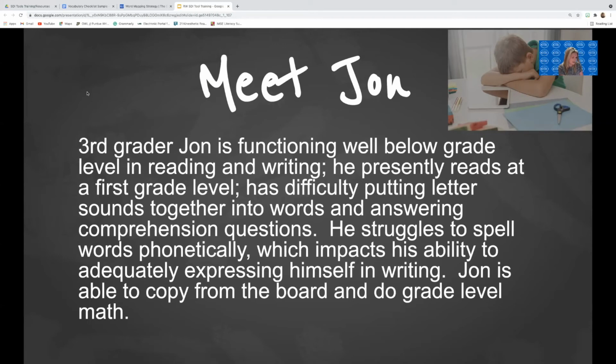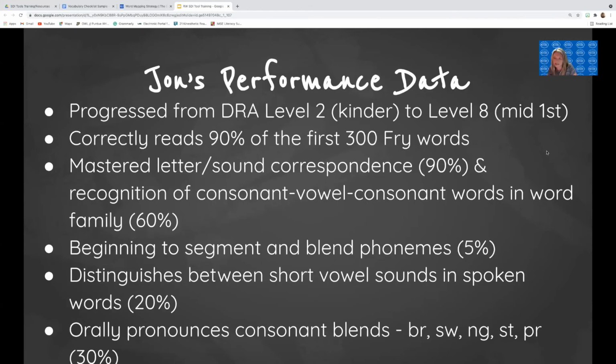So let's think about that. Now here is his performance data. He was given the DRA twice, one in August, and in August he was on a level 2, a kindergarten level, and in November he went to level 8, which is mid first grade, and we said he is a third grader.